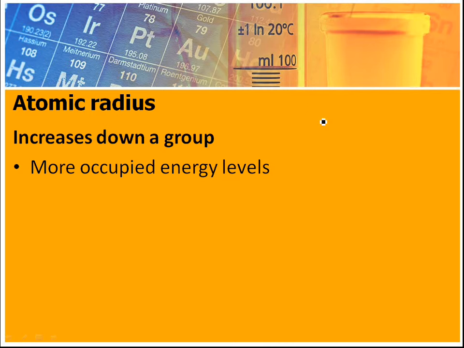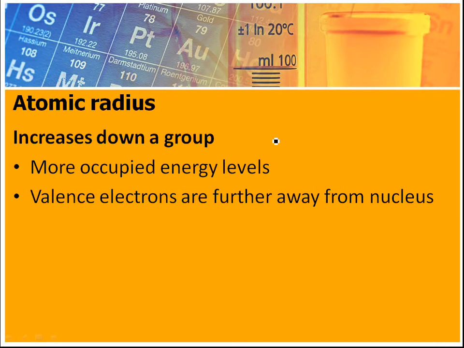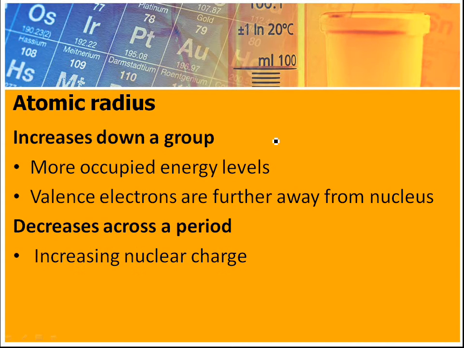Well, obviously, as you go down a group, you've got more occupied energy levels. And the valence electrons, which are the outermost electrons, are further away from the nucleus. Atomic radius decreases across a period from left to right. Why is that? Well, you've got increasing nuclear charge, and the electrons are in the same main energy level.